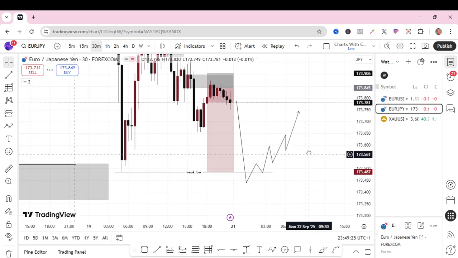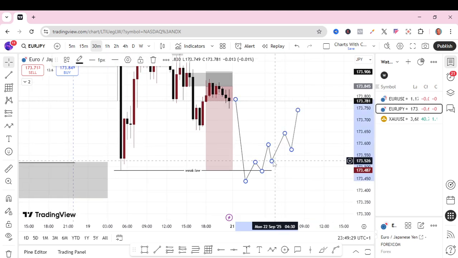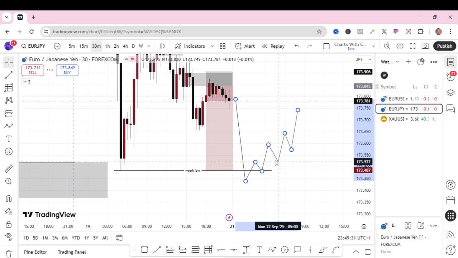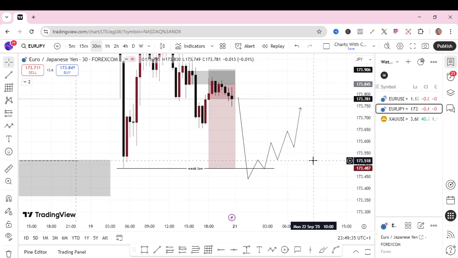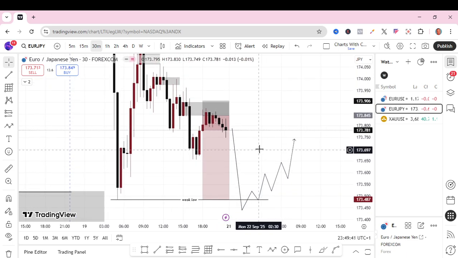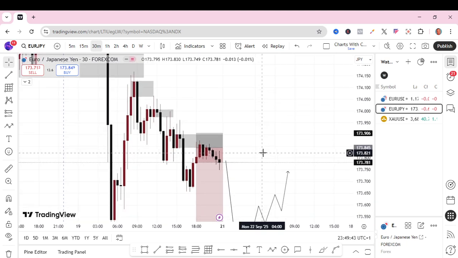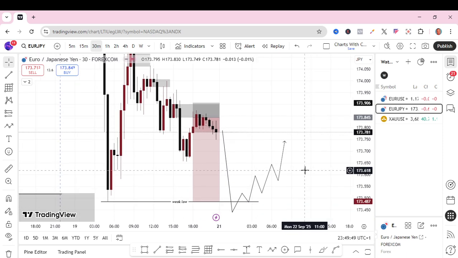But if I don't see something like this, I'm still going to be bearish on Euro JPY. Until this weak low is taken out, I'll wait for a change in market structure. I'll wait for a bullish sign before I start buying.